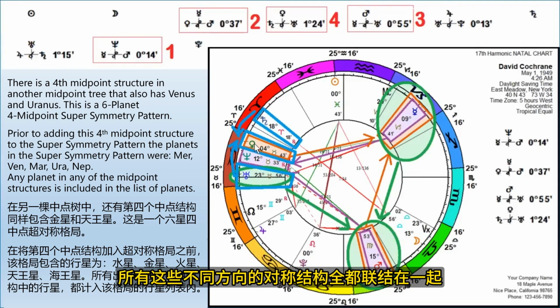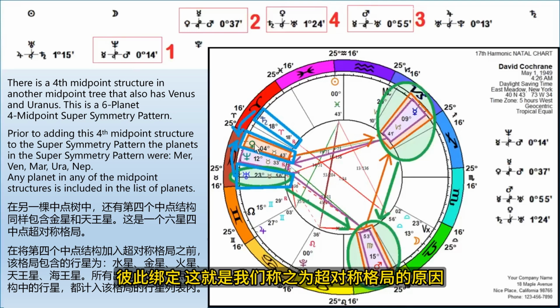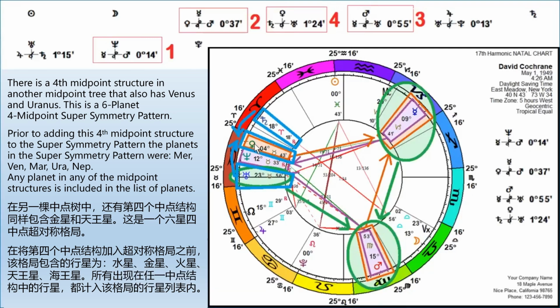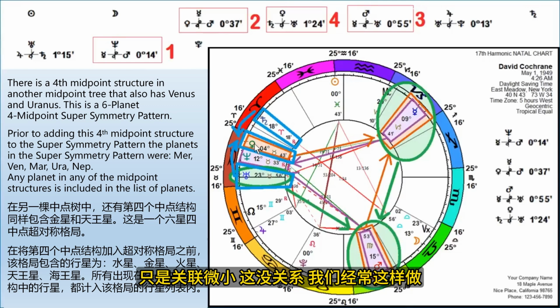All of those symmetries going on in different directions are all tied together. They're all tied. That's why we call it a supersymmetry pattern. We're using the term supersymmetry, which is also used in physics in a different way, a different meaning. It's vaguely related, but that's fine.